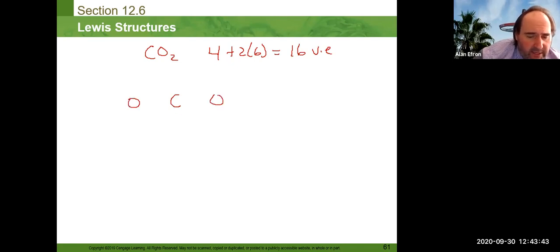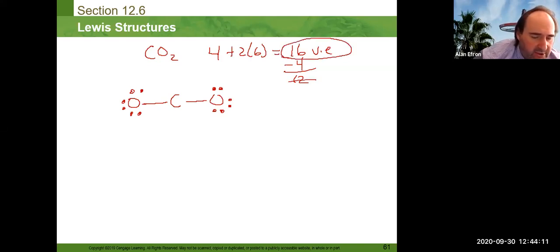And like we talked about, to get to the octet rule, sometimes we need more than just a single bond. So when we single bond here to 4 electrons, that gives us 12 to go. Again, going to go on the outside here, 2, 4, 6, 8, 10, and 12 at that point. We have now put all 16 of our electrons here, and we want to make sure that everybody is good.